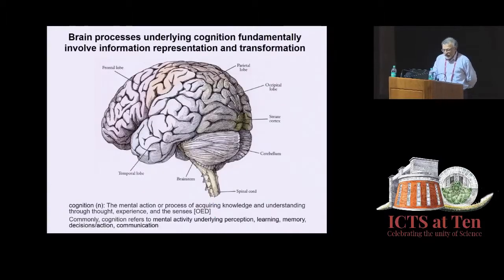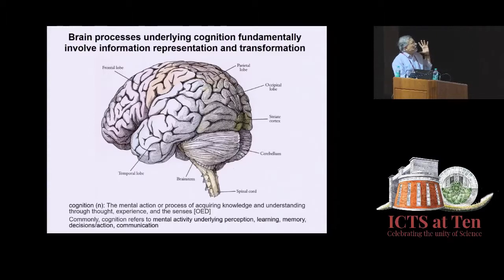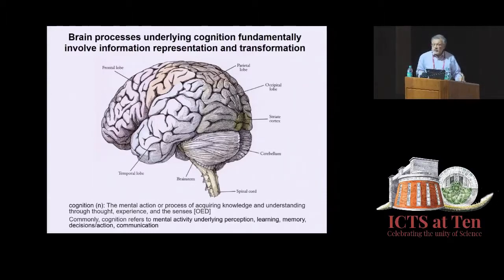All right. So brain processes underlying cognition, and the function of the brain is to create the mind, fundamentally involve information representation and transformation. And what is cognition? As defined by the Oxford English Dictionary, cognition refers to the mental action or process of acquiring knowledge and understanding through thought, experience, and the senses.